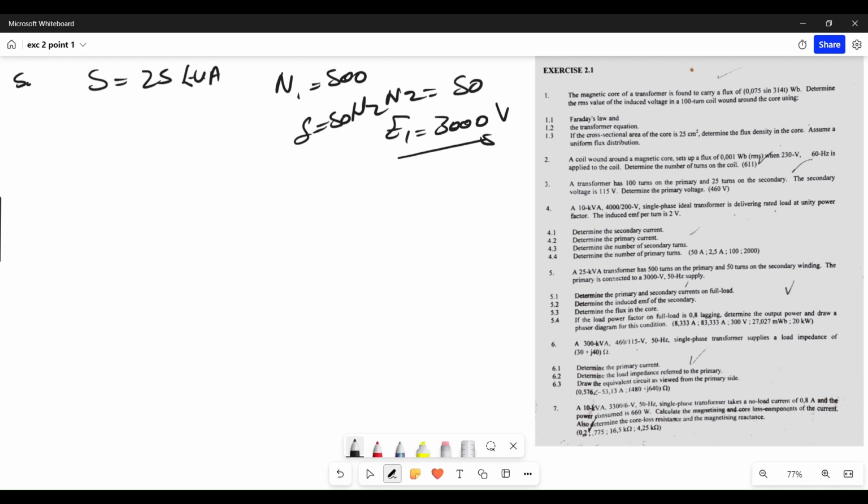Like I said, S is equal to I times E at full load. Let's start with the primary, I full load 1 and E1. So I full load 1 is equal to S over E1, which is 25 times 10 to the power 3 divided by 3000.